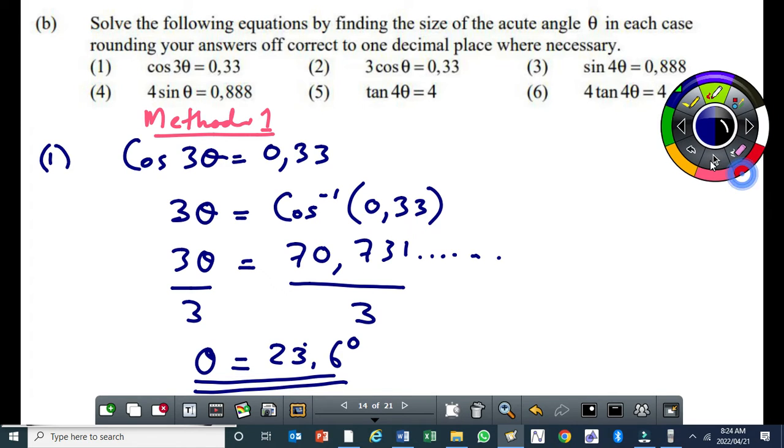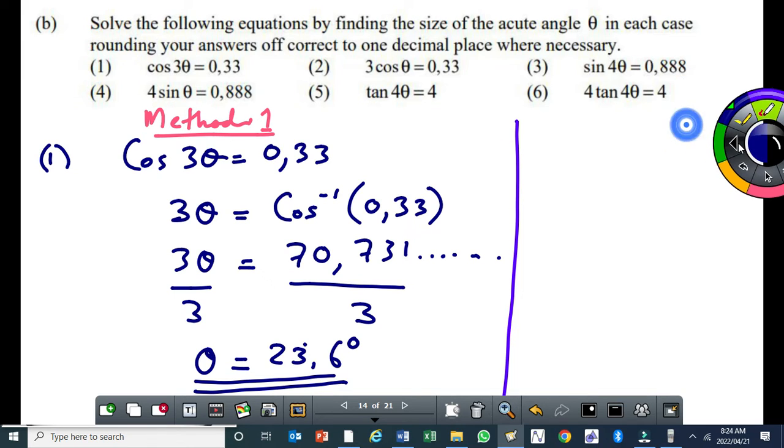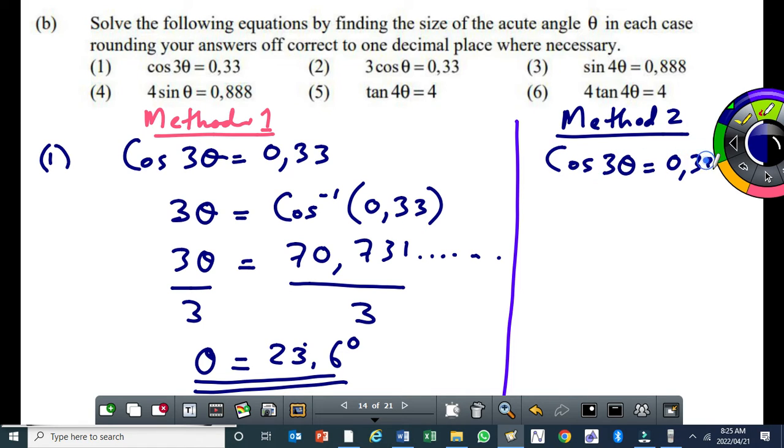Now let's talk about method 2. Method 2 involves introducing a new variable. If you feel that you don't understand this, then maybe you might need method 2. So with method 2, our equation is cos 3 theta equal to 0,33.